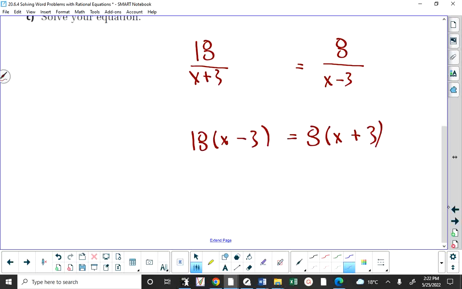I will leave it to you to finish that problem on your own, because it's not even going to be quadratic. It's going to be linear. I think you're going to have 10x equals 30. Can't be. 18 minus 8 is 10. 54 plus 24, 78. Whatever 78 divided by 10 is, 7.8, I think.